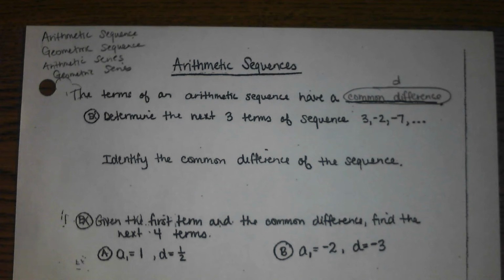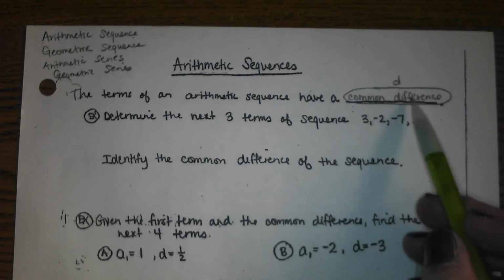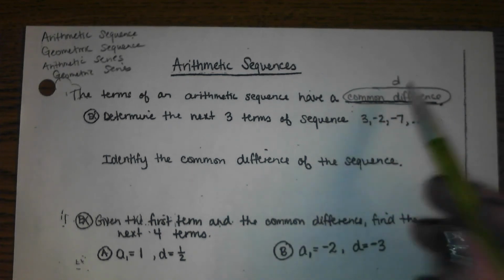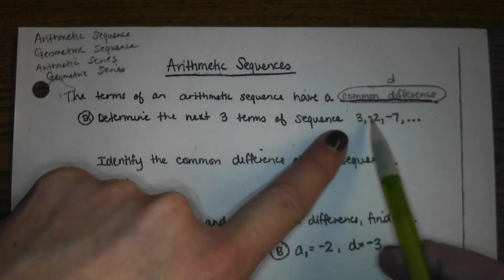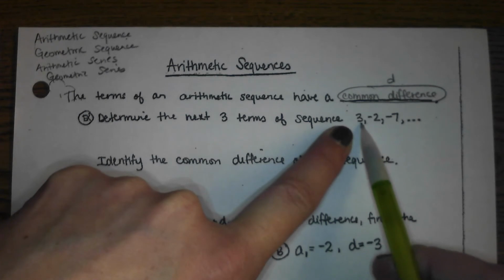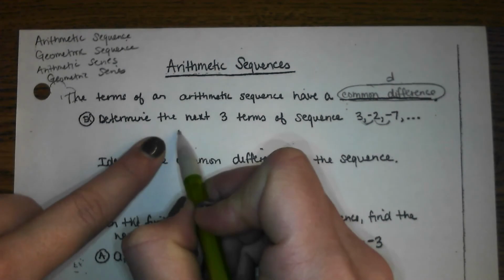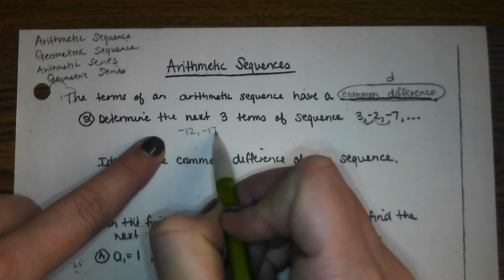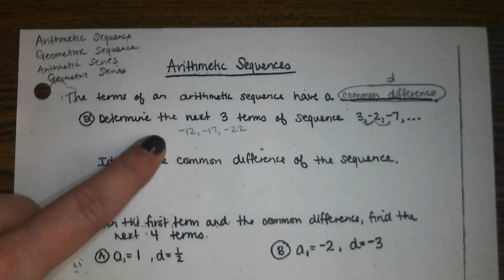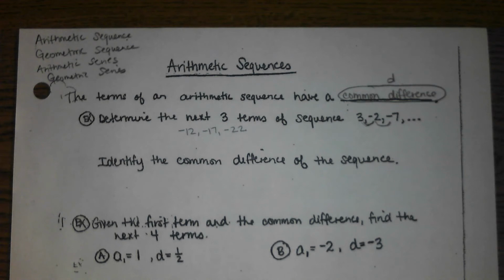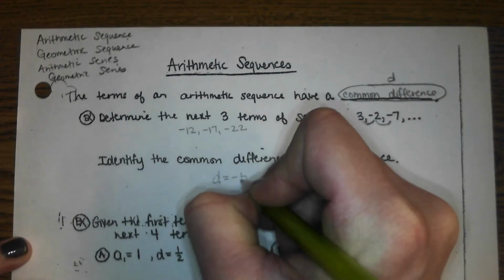Got it? And in that case, the common difference would be 5, positive 5. Here's a sequence. What are we subtracting? Subtracting 5, so the next 3 terms would be negative 12, negative 17, negative 22. What's the common difference? Negative 5. D equals negative 5.